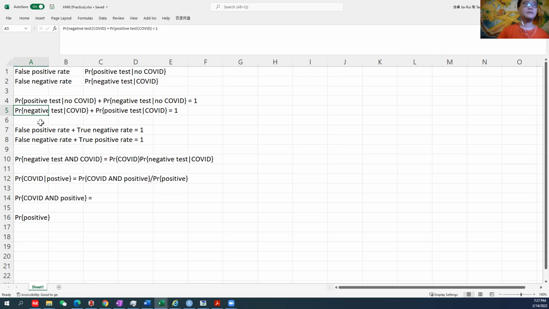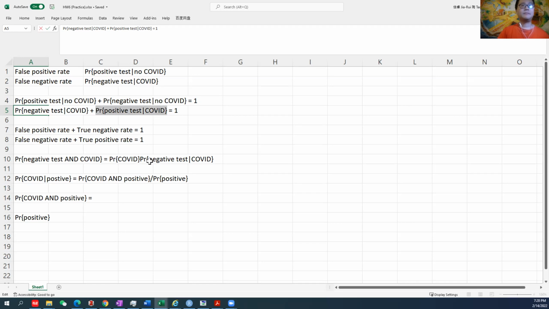What would be the probability to receive a negative test result? Among the people who actually get infected with COVID, there are only 2 possible test results, either negative or positive. So these 2 possibilities should sum up to 1. So similarly, if we subtract the false negative rate out of 1, we should get this part.